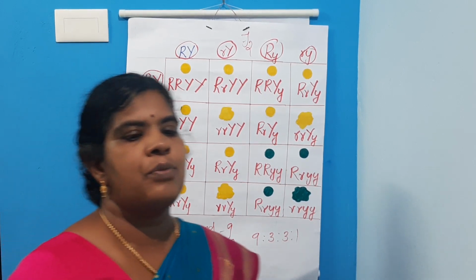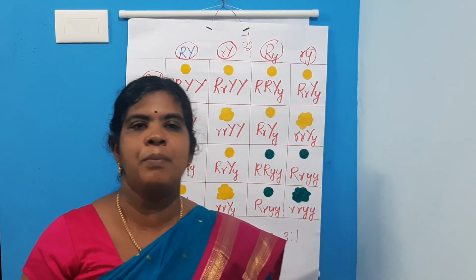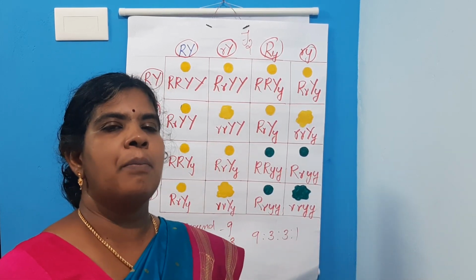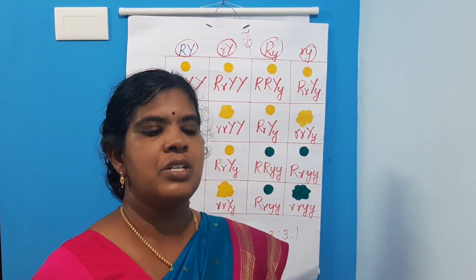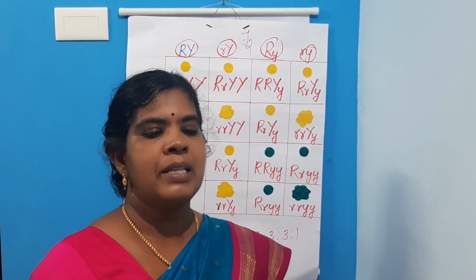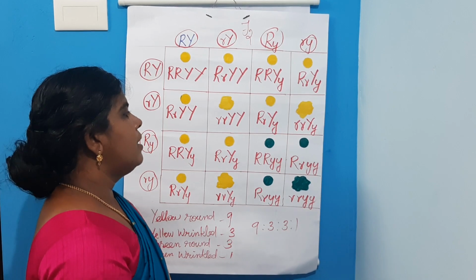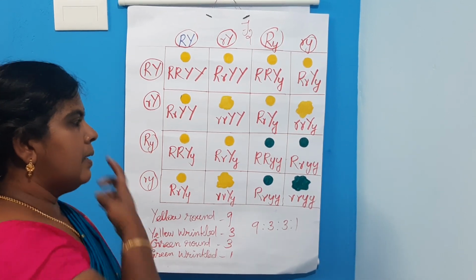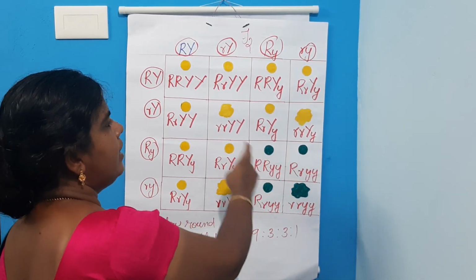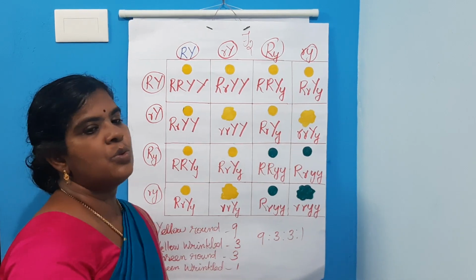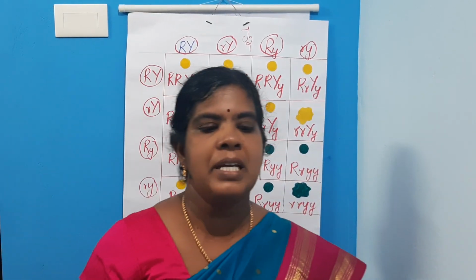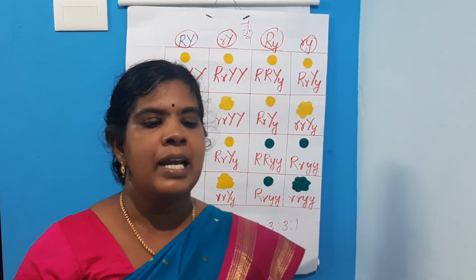So these are the 4 types of plants formed in F2 generation. Two new combinations are formed, that is round green and wrinkled yellow. These two are the new combinations of traits formed in F2.